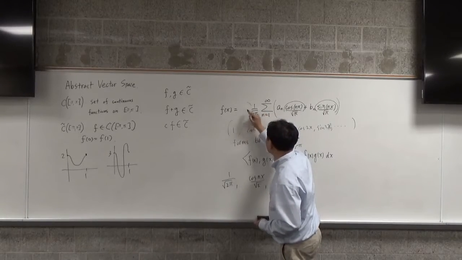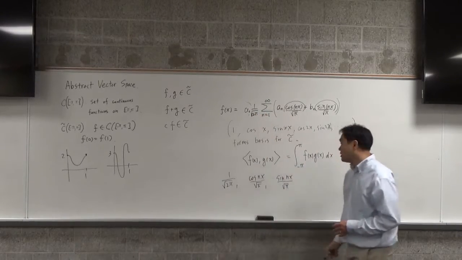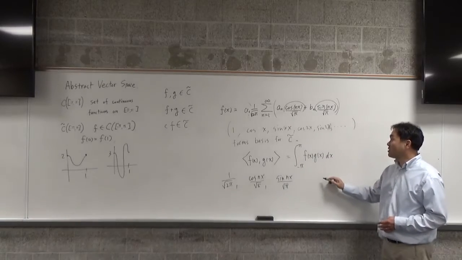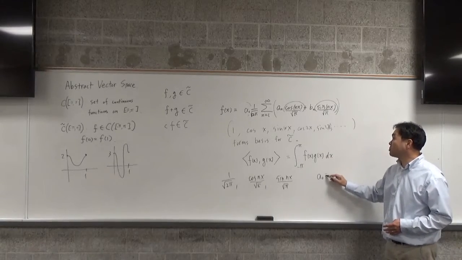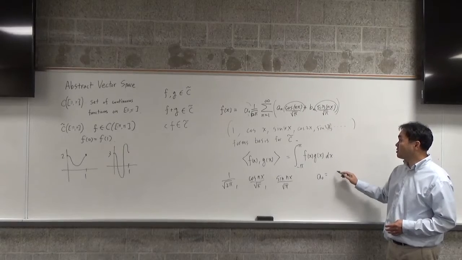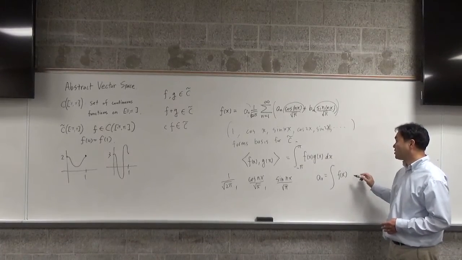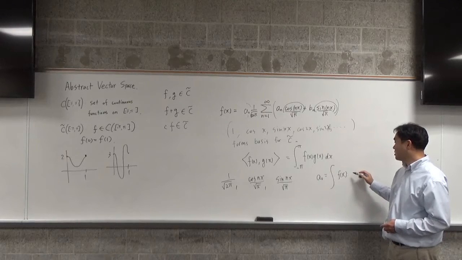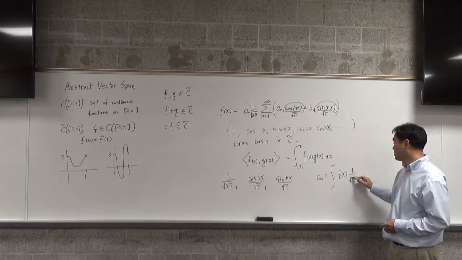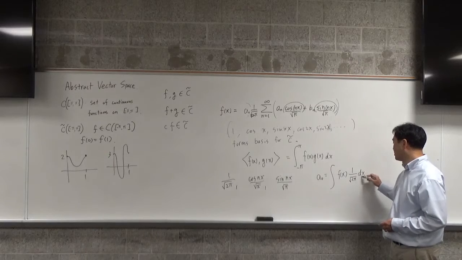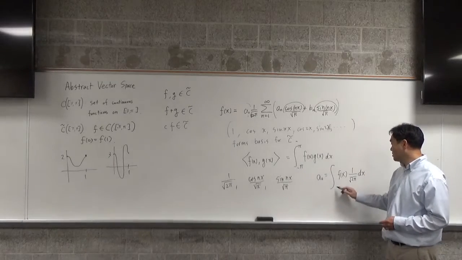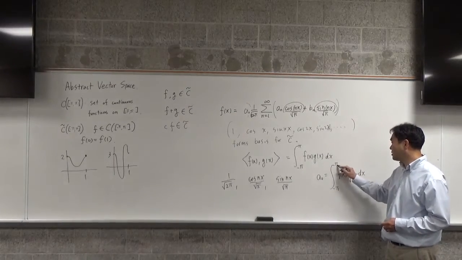I'll just put A0. So if you write it like that, then you can just say that A0 is simply the function multiplied against this thing, from negative pi to pi.